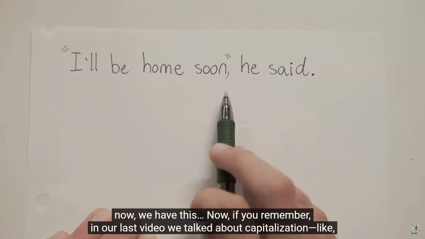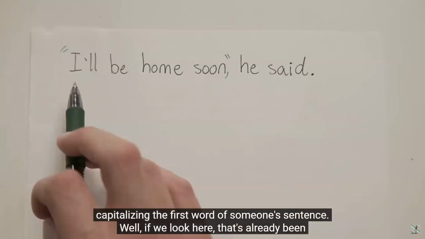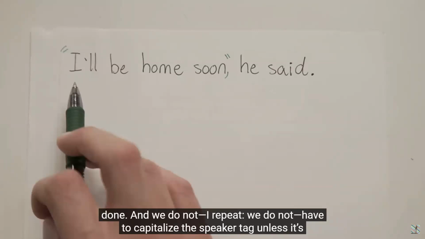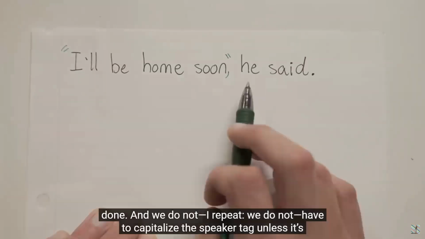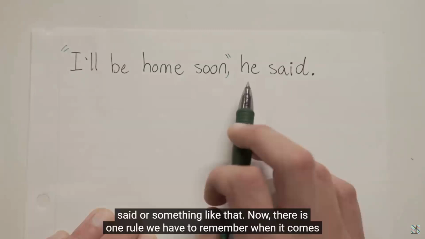So now we have this. Now, if you remember in our last video, we talked about capitalizing the first word of someone's sentence. Well, if we look here, that's already been done. And we do not, I repeat, we do not have to capitalize the speaker tag unless it's at the very beginning of a sentence, or if it's a proper noun like "I said" or "Tom said" or something like that.